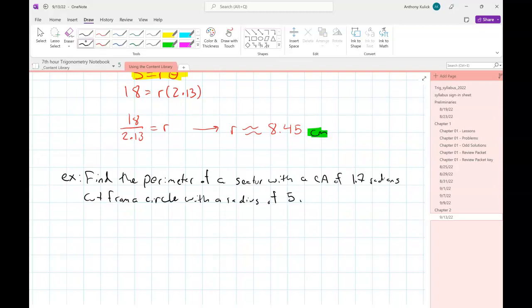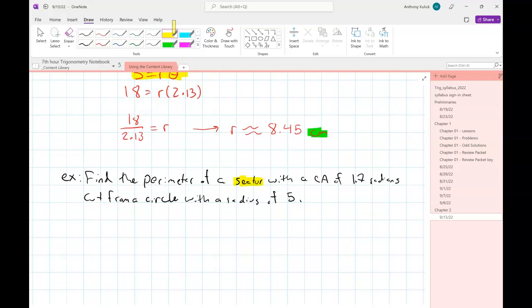What word in here is the big catch that maybe we don't remember what that is? Sector. Yeah, exactly right. Sector is a geometry term that maybe we don't remember.